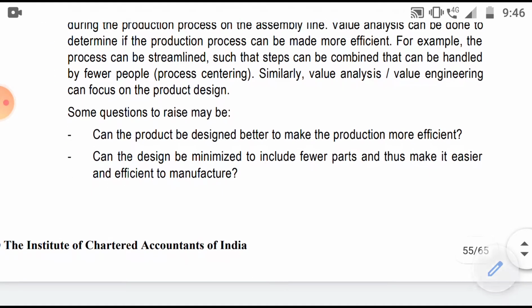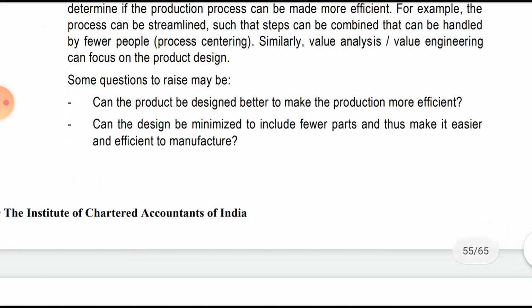Some questions may arise, these are the points of value engineering and value analysis. Can the product be designed better to make the production more efficient? This question we have to ask, and if yes, we have to implement it. Then can the design be minimized to include fewer parts and thus make it easier and more efficient to manufacture?